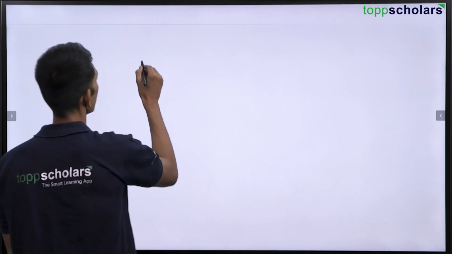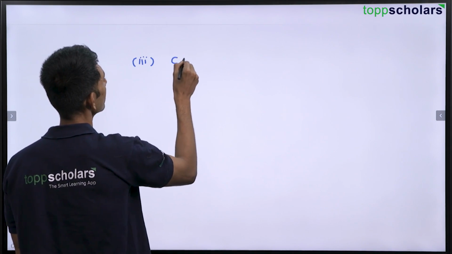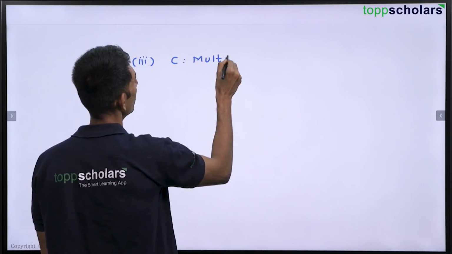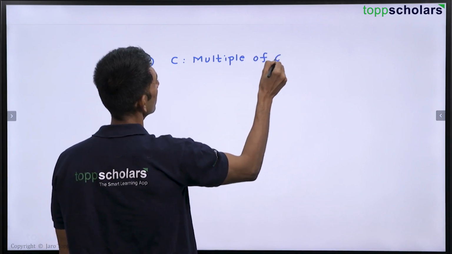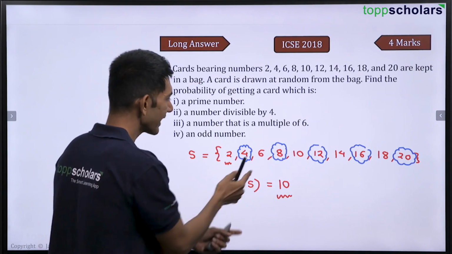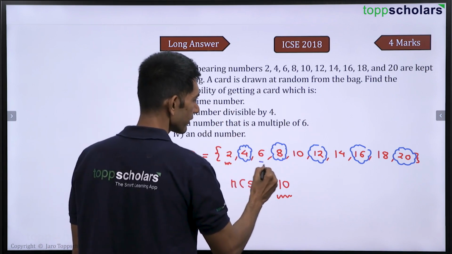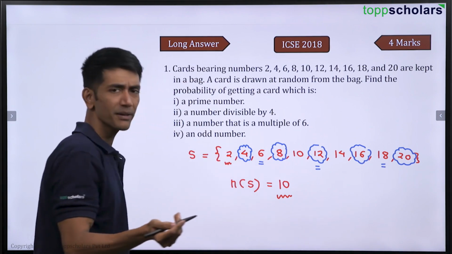Let C be an event of getting a multiple of 6. If we want a multiple of 6, it is going to be 6, 12, 18, 3 numbers. A multiple of 6 is basically a table of 6.